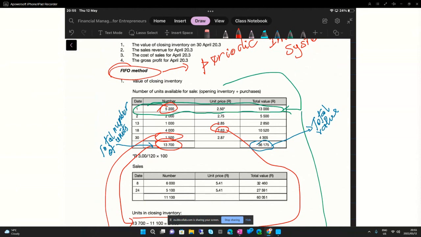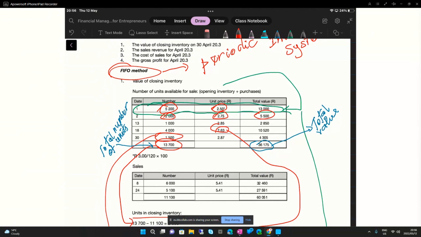All right, so obviously we know that for the number of units available for sale, we take the opening inventory plus the purchases, right? The opening inventory was 5,200 and it was at this price, 2.5, okay? So the total of that is 13,000. And then there was another 2,000 that was purchased at a price of 2.75, and the total of that is 5,500.